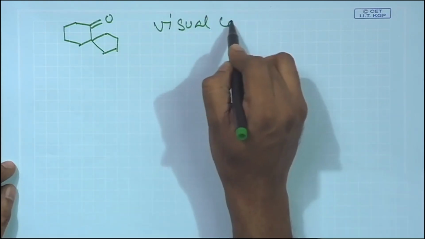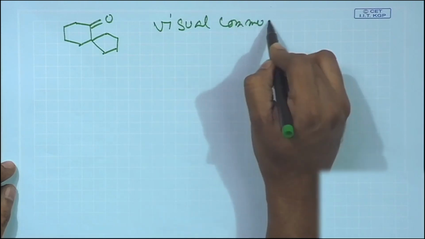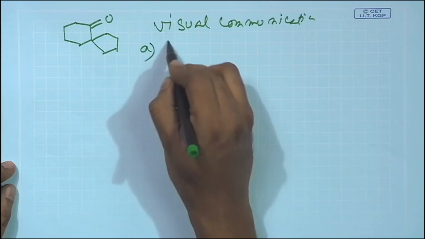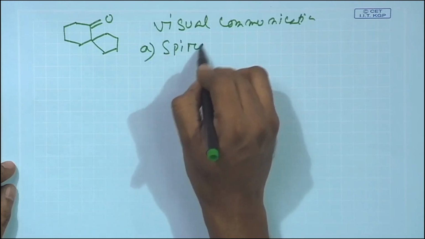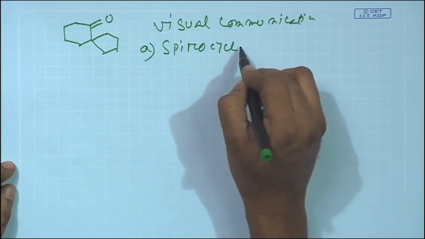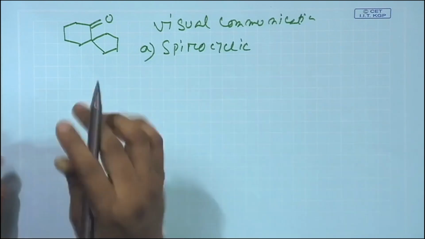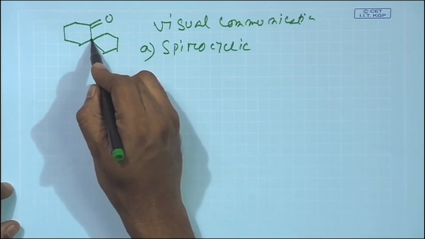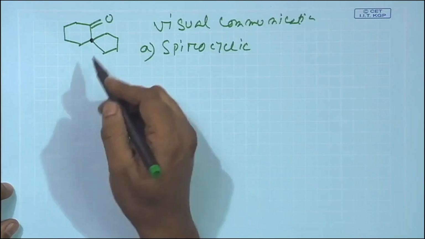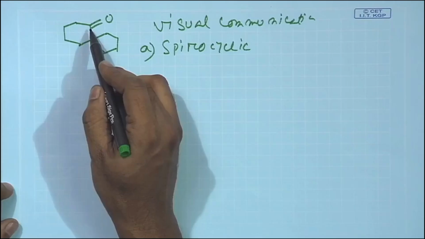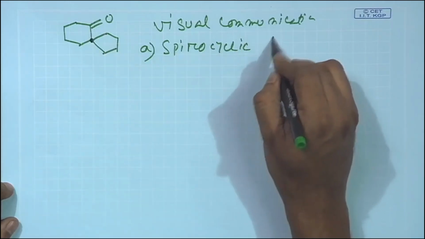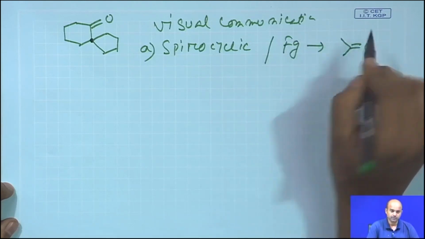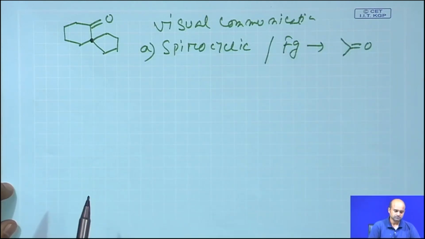It says this molecule has a spirocycle structure, a good cyclic connectivity. Then the functional group content is only a carbonyl group, a ketone, nothing else.